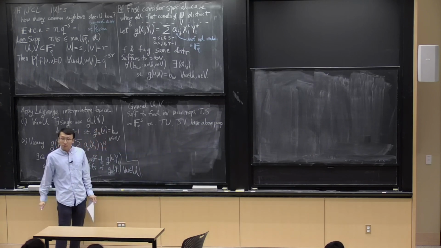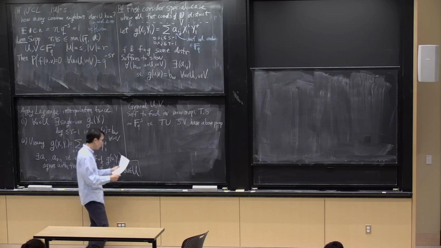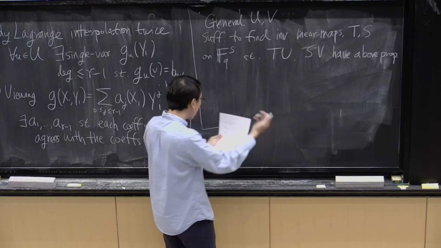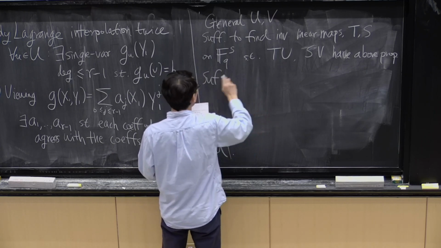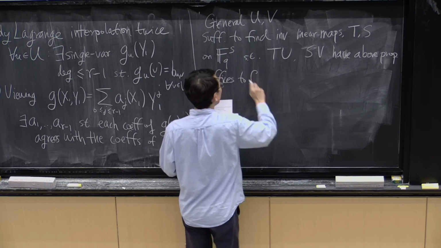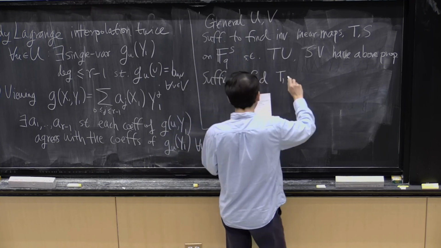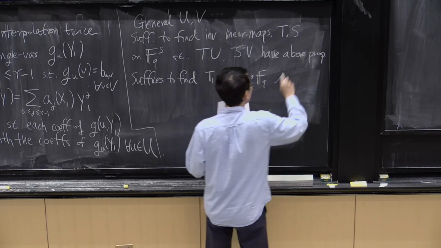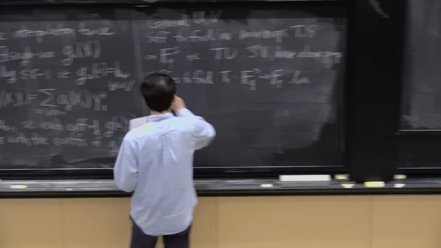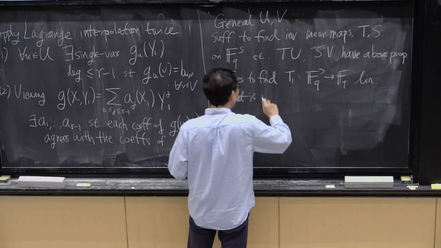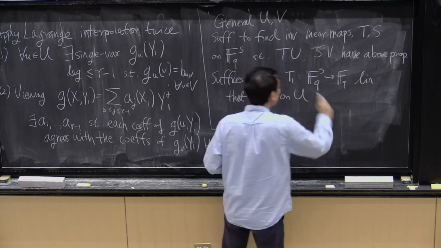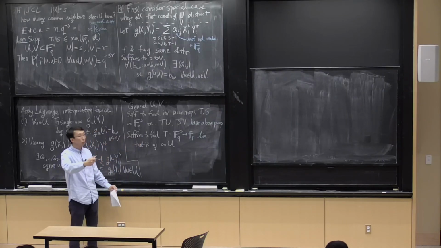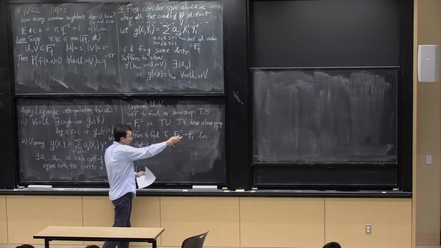So let me show you how to do it for U. I need to find an invertible linear transformation T. Well, it's just the first coordinate that matters. So it suffices to find just a linear map corresponding to the first coordinate that is injective on U. Whatever linear map you have, even if it's 0, that's fine, I can extend it to the remaining coordinates.